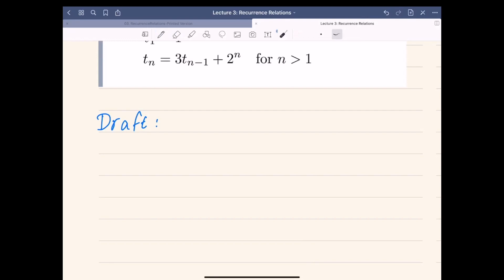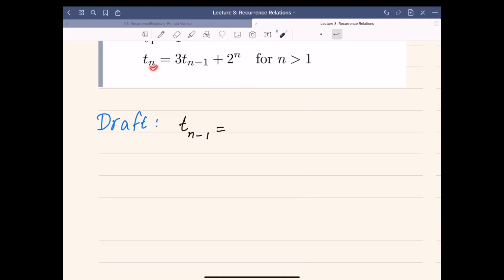So we have the equation for Tn. We need to find the equation of Tn minus 1, the equation of Tn minus 2, and etc. If this is n minus 1, then how to find Tn on the other side? It will be Tn subtracted by 1. So if this is n minus 1, then this is going to be n minus 2.